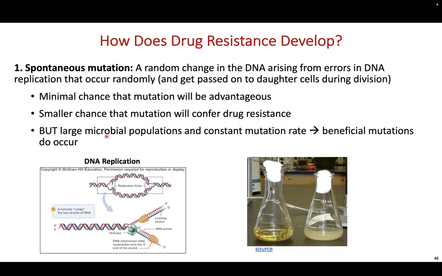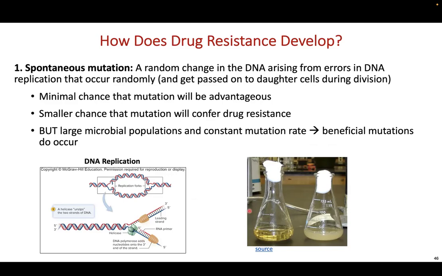There is minimal chance that a mutation will be advantageous under spontaneous mutation, which occurs from the lagging strand. And there's an even smaller chance that the mutation will confer drug resistance. But with large microbial populations and a constant mutation rate, sometimes beneficial mutations do occur.